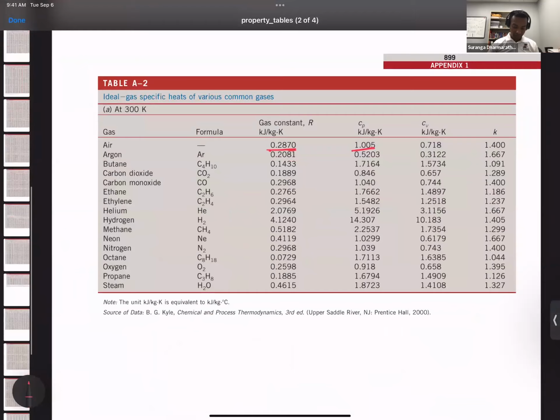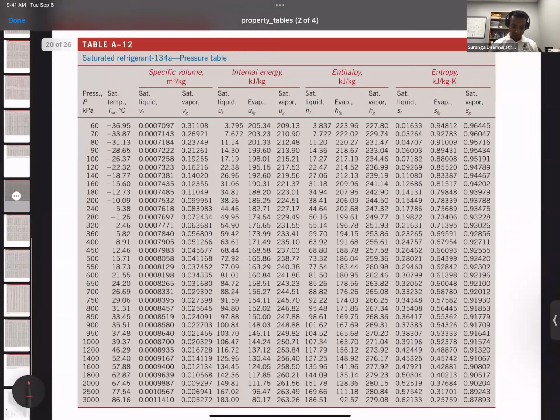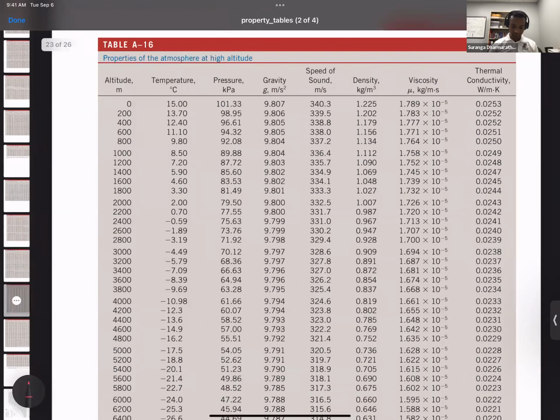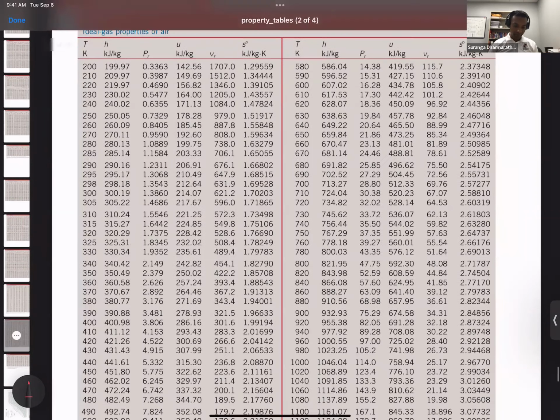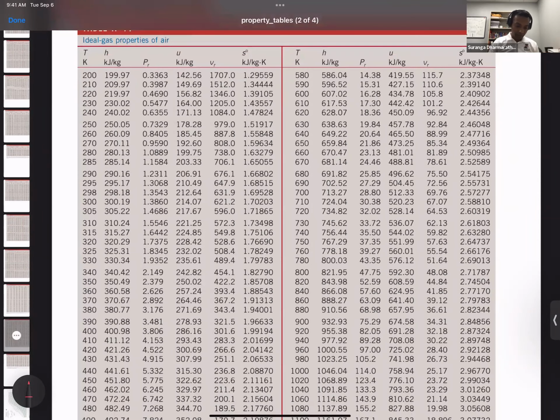So you go to A16, A12, 13, 14. Yeah, this is properties of ideal gas, A17 actually. At 300, you have h is 300.19. At 450, it's 451.80. So you know the temperature, you know the enthalpy.